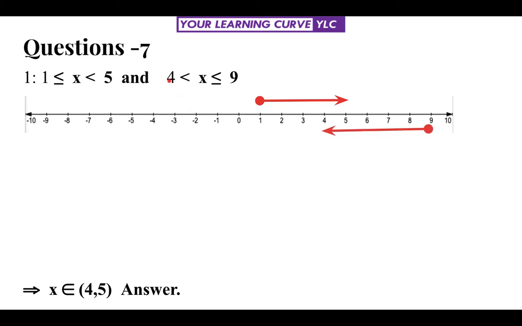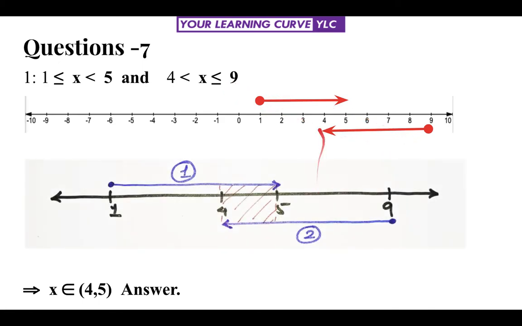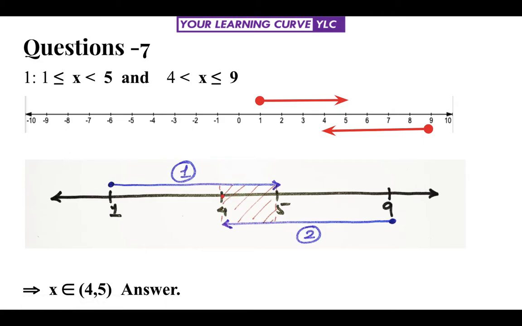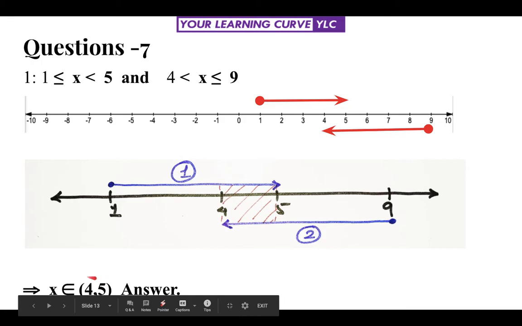The next inequality says 4 to 9, 4 excluded, 9 included. Now when we look for the common part, we see that in 1 to 5 the first inequality is satisfied, and in 4 to 9 the second inequality is satisfied. So the common part is 4 to 5. The interval will be 4 to 5.